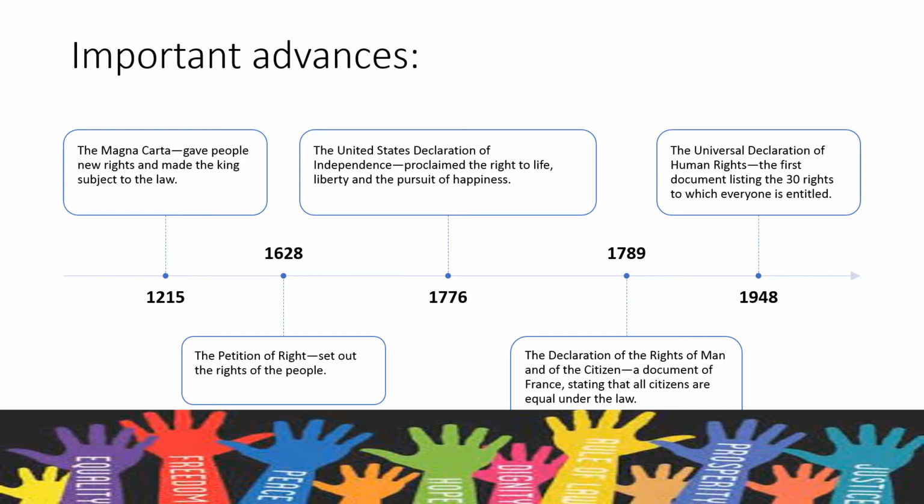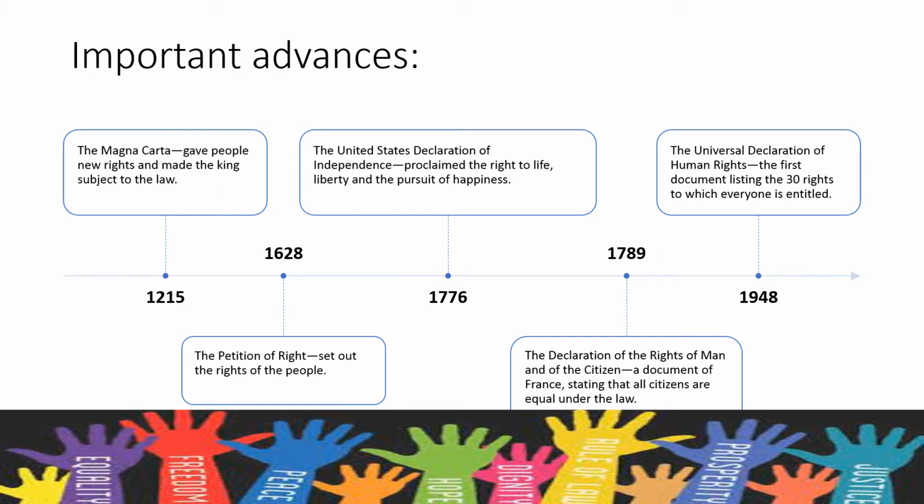that you can claim. And then in 1789, we have the Declaration of the Rights of Man and of the Citizen, a document of France this time stating that all citizens are equal under the law. Now that is a very crucial thing because even if there is a disparity, even if there are differences among human beings, in the eyes of the law, everybody is equal.